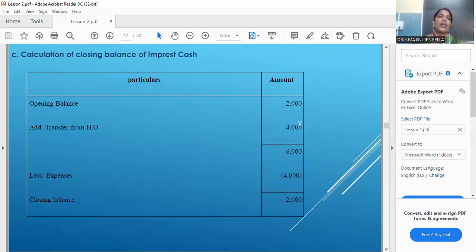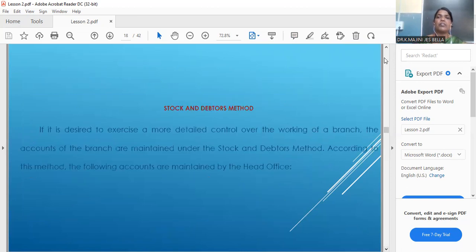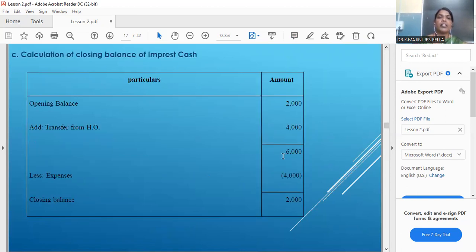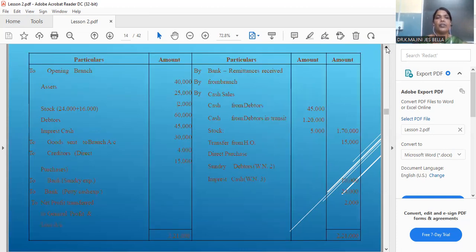Just add it, opening balance as well as transfer from head office. How much is the total? 6,000. Then expenses. We have made the expenses 4,000, right? Just subtract the expense. 6,000 minus 4,000. 2,000 is the closing interest cash. Okay, so you can write here by interest cash, 2,000. Just total it.